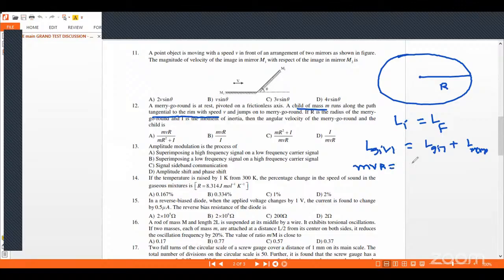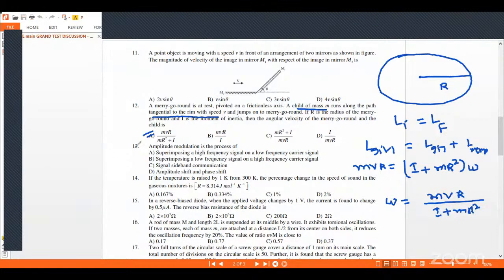This merry-go-round has a moment of inertia I and the girl is rotating with a radius r, right? So omega equals MVR by I plus MR square.